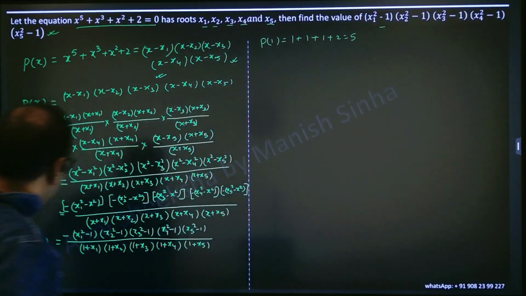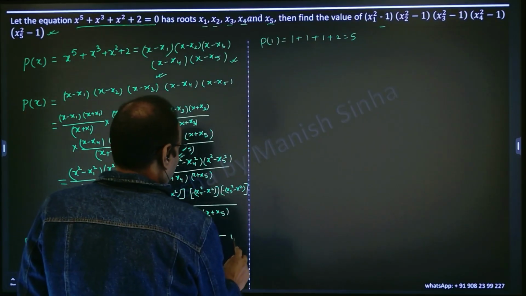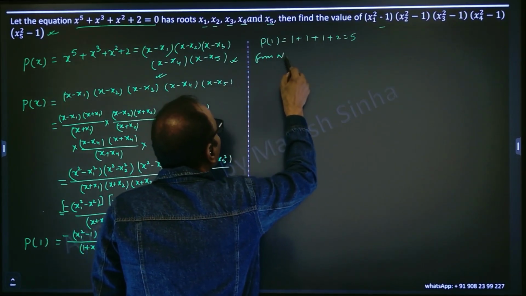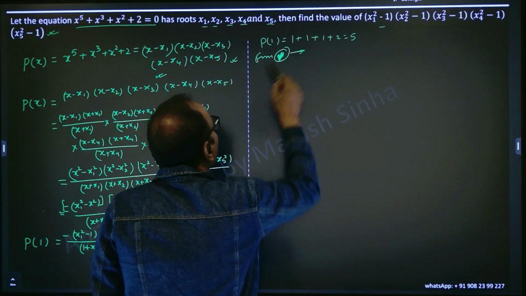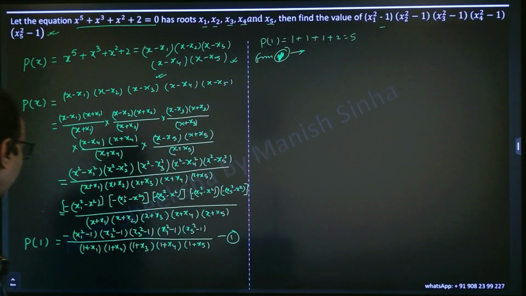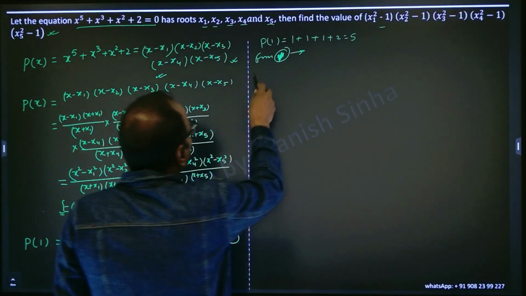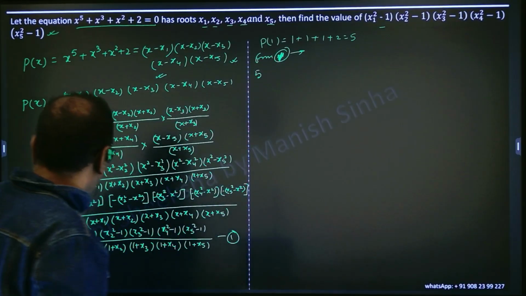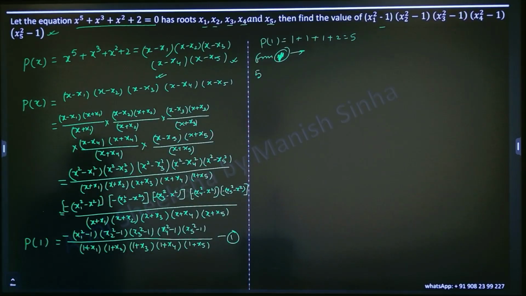So this equation became equation number 1. From equation number 1, P1 is equal to 5. And all the denominator we will bring to this side.